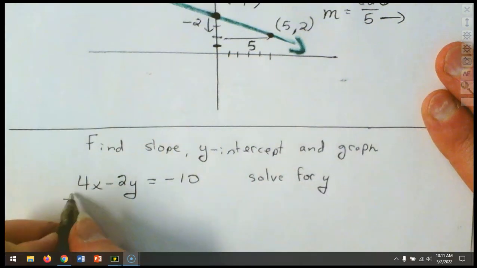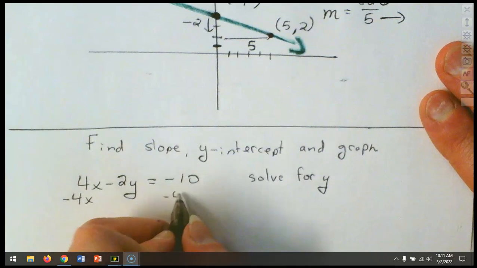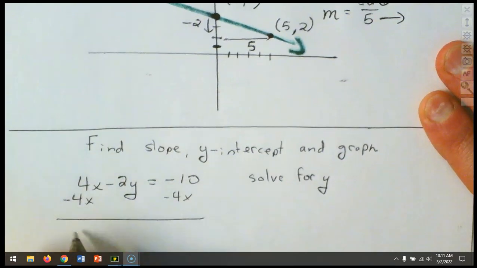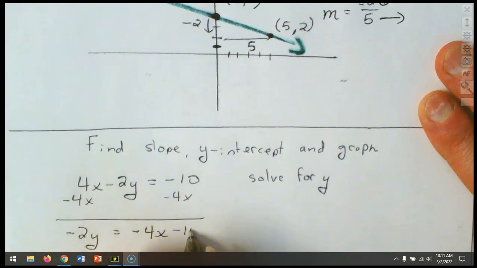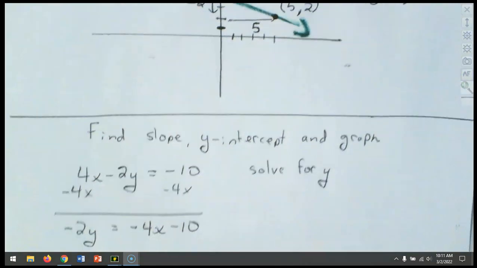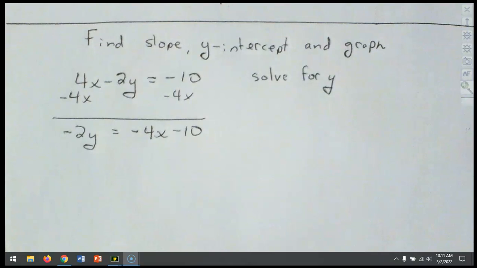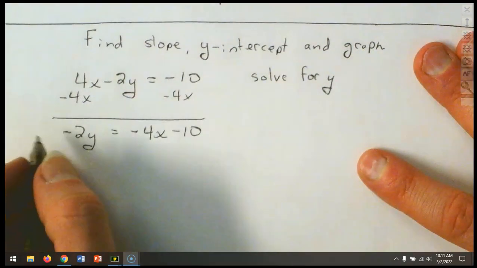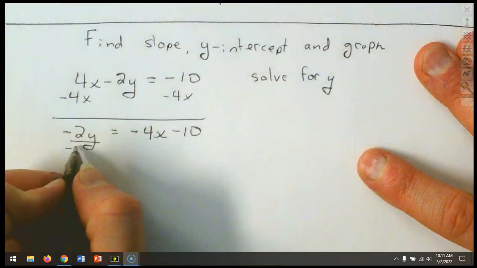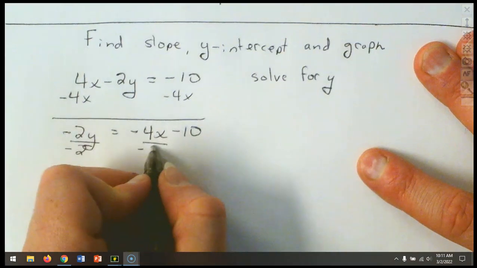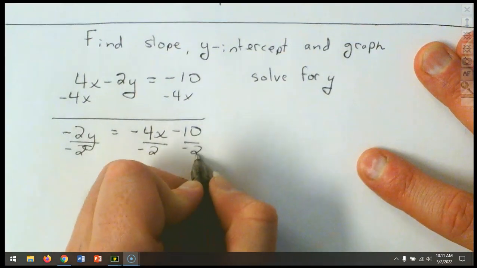That means we move that 4x over. And then we've got minus 2y equals minus 4x minus 10. How do we finish it? Well, we have to divide everything by a minus 2, because we're solving this literal equation for y.